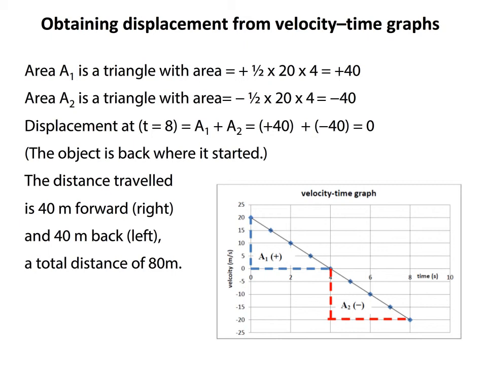And that tells us that the displacement at time equals 8 is equal to the area of the two triangles, which is 40 and minus 40, so the displacement is 0. In other words, the object is back where it started. It's travelled 40 metres to the right and 40 metres back to the left. So the total distance that the object travelled is 80 metres.